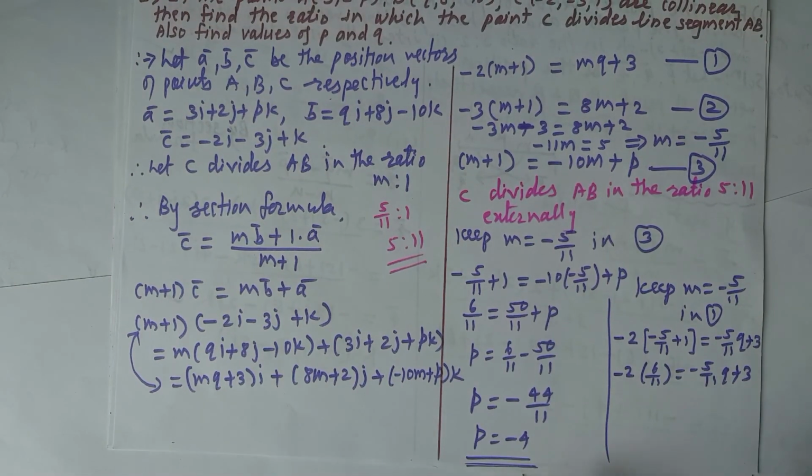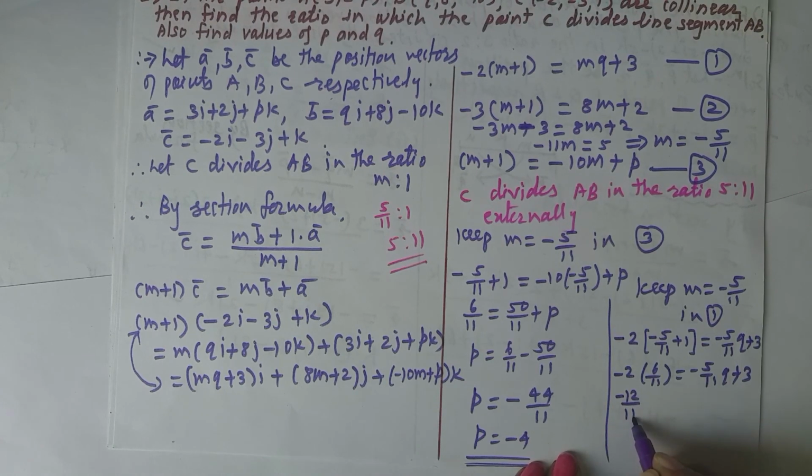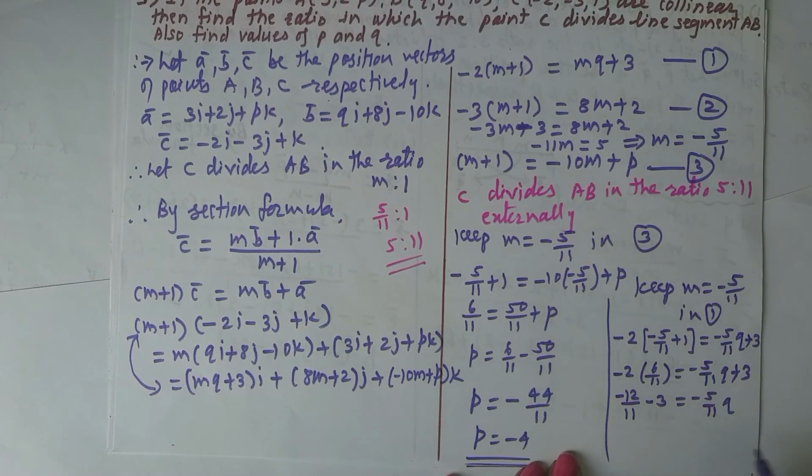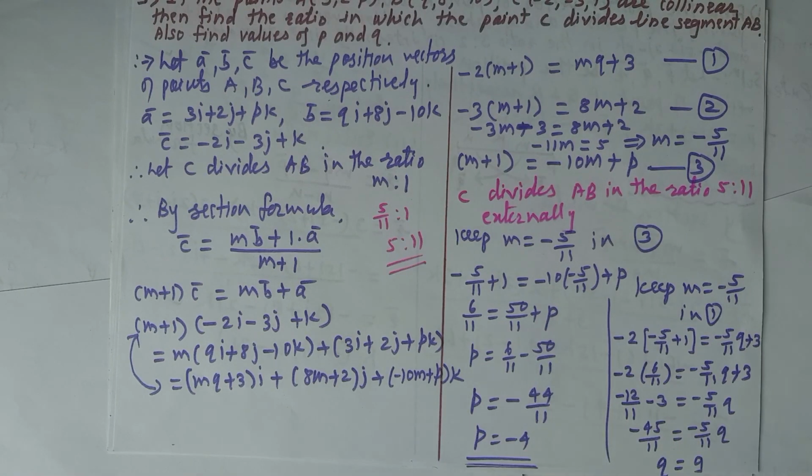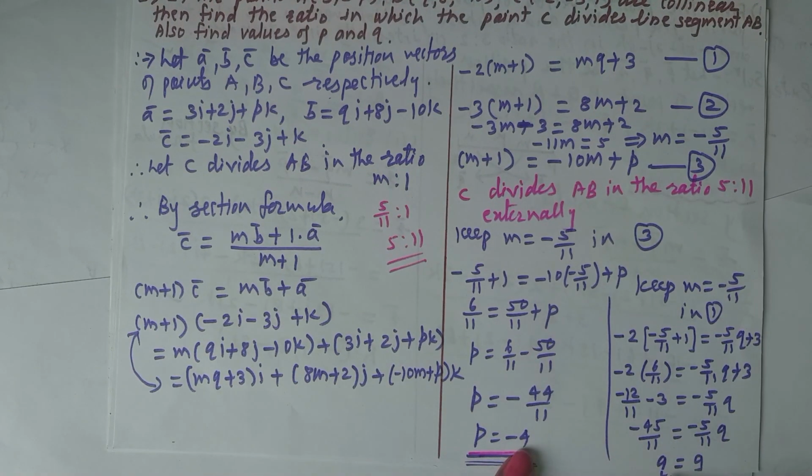After simplification, this will be minus 12 divided by 11, take this 3 to this side, equals minus 5 by 11 q. Then you simplify this, minus 33 minus 12 means minus 45 divided by 11 is equal to minus 5 by 11 q. Now this 11 will get cancelled, the minus sign will get cancelled, and I will get q is equal to 9. In this way we have found p is equal to minus 4 and q is equal to 9.